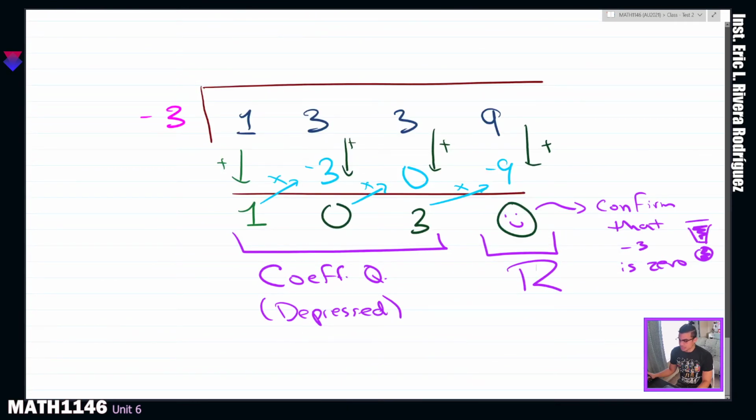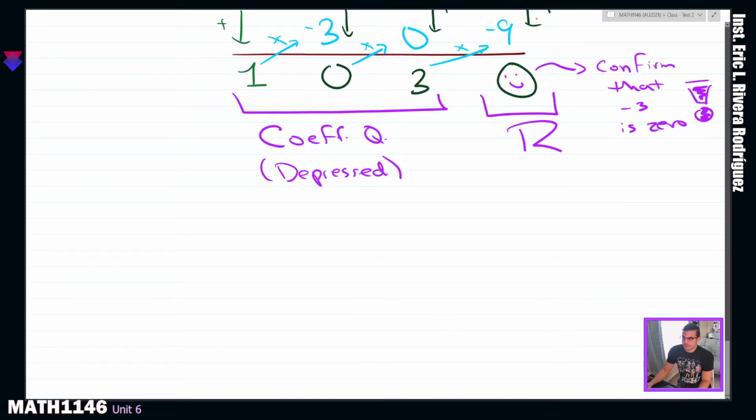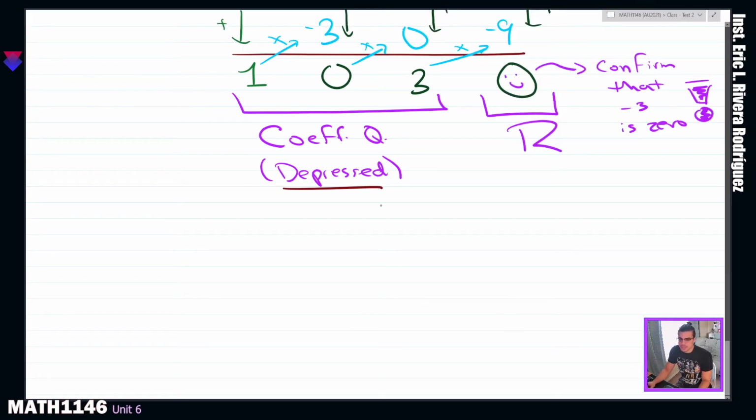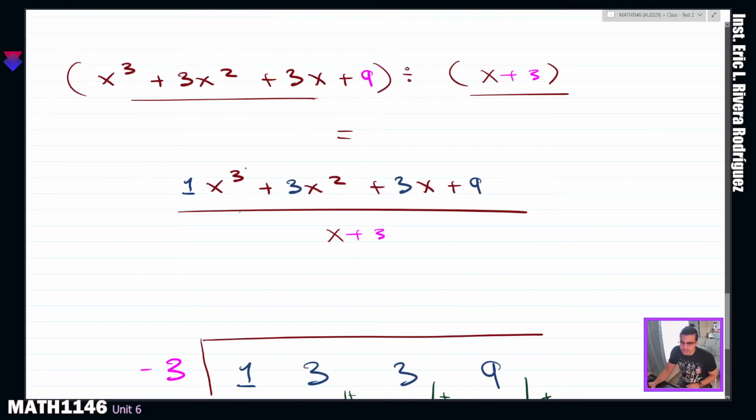Let's talk about the depressed equation and what is a depressed equation, why it's so important. Now, the depressed equation is going to be the quotient after the division, but we need to remember that we are dividing a degree of 3 by a degree of 1.